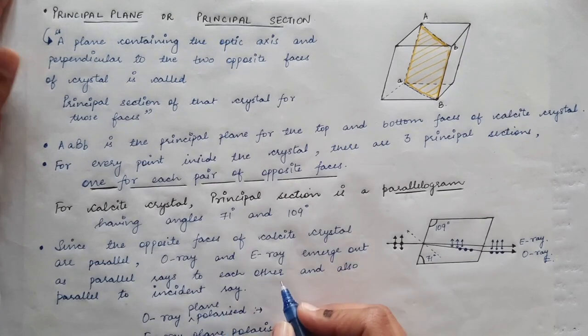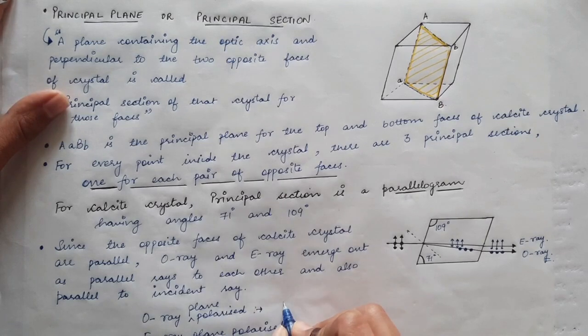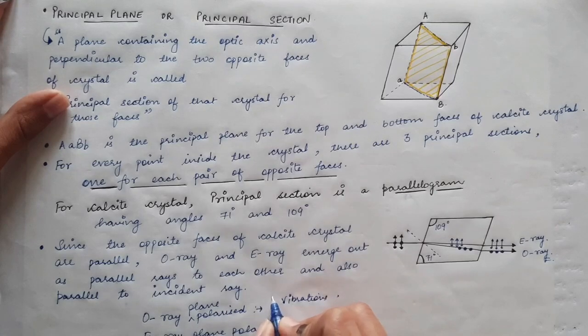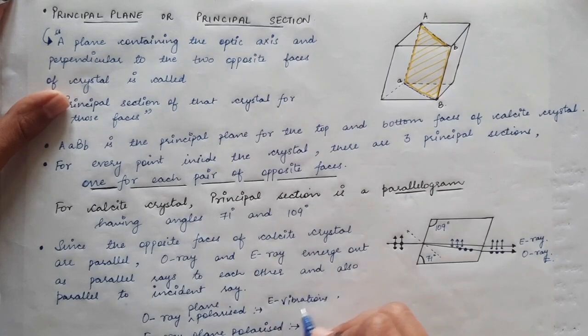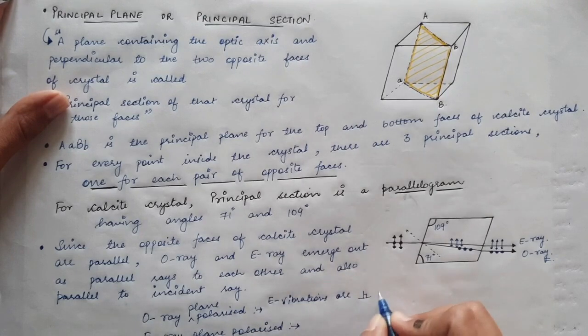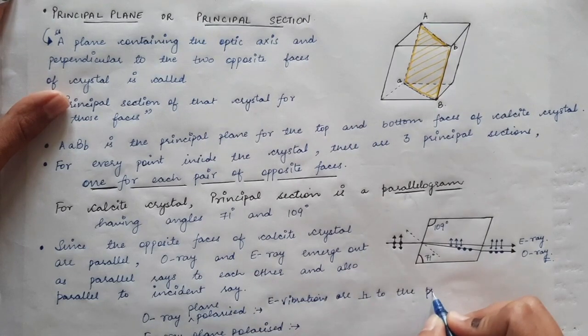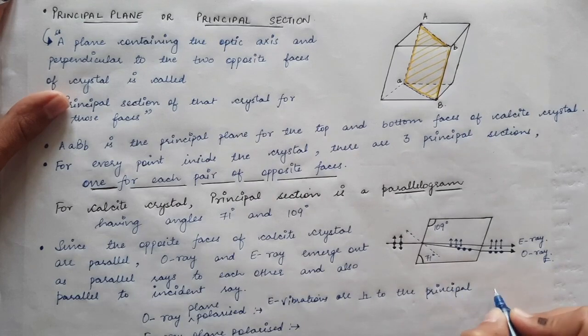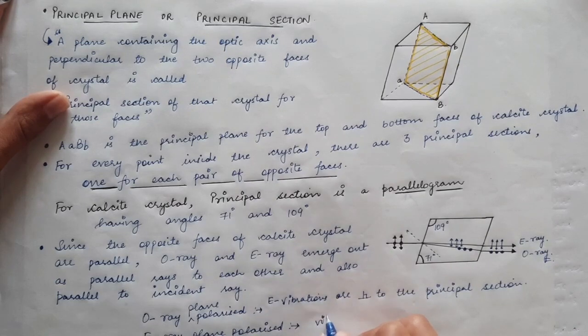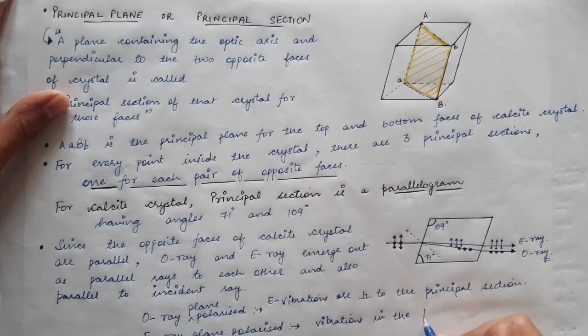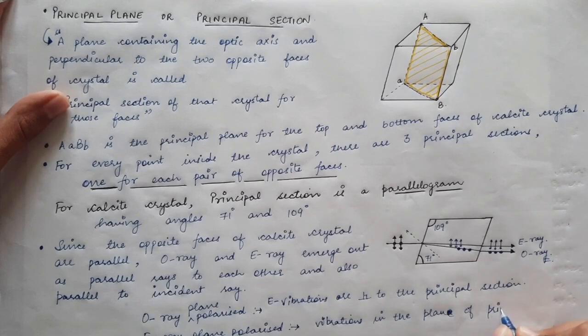The O ray will have its vibrations, or you can say the vibrations of electric field, perpendicular to the principal section of the crystal, whereas the E ray will have its vibrations in the plane of the principal section of the crystal.